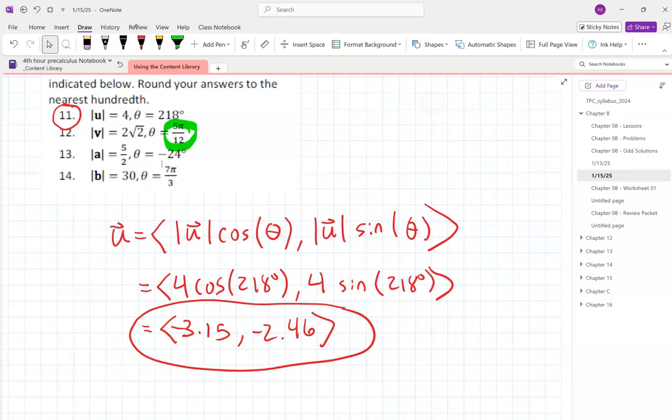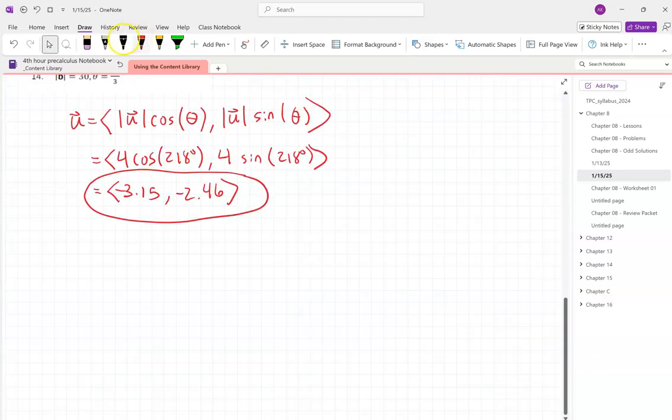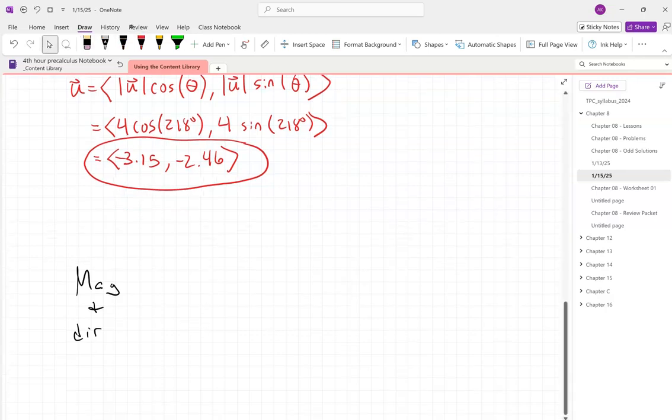So, to just give you a higher level view, we have different ways to represent our vector. We have magnitude and direction. You have component form. You have 2 points.